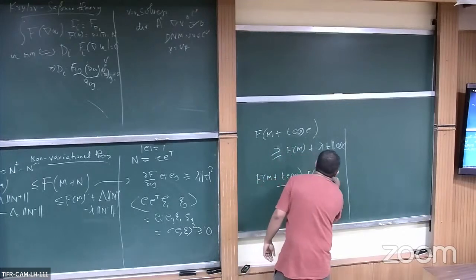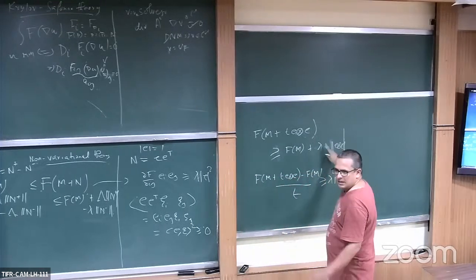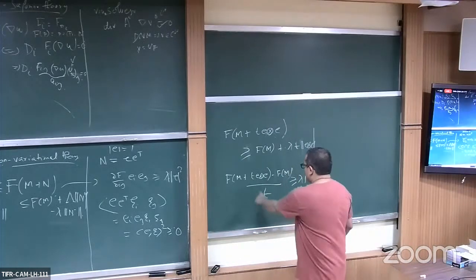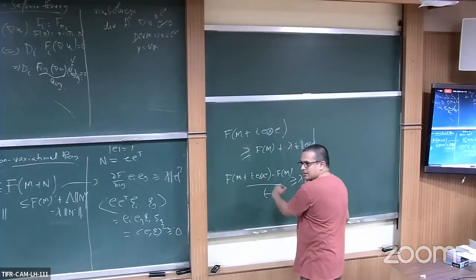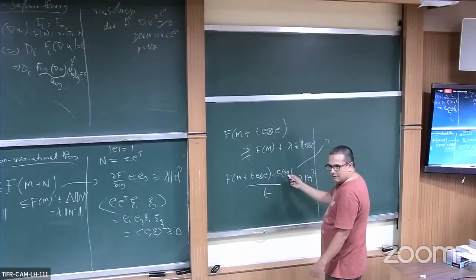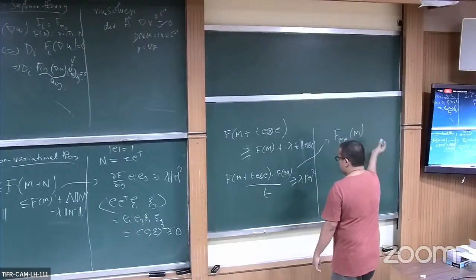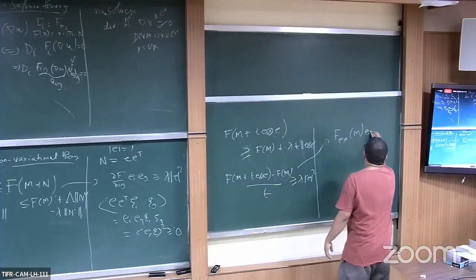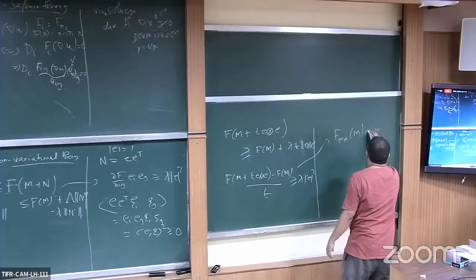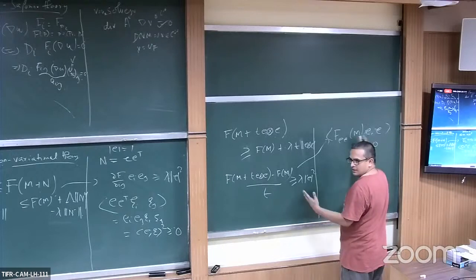This is bigger than or equal to lambda times the norm of e cross e, which is norm of e square. This is essentially the matrix norm, right? So now the thing is, what is this? If I differentiate this, I have to apply the chain rule. If I differentiate this, this is simply telling you that the second derivative of f at m, applied to e_i e_j, is bigger than or equal to 0, right?